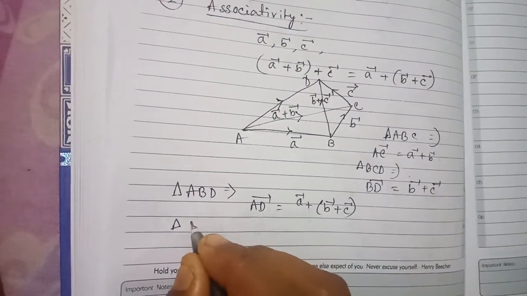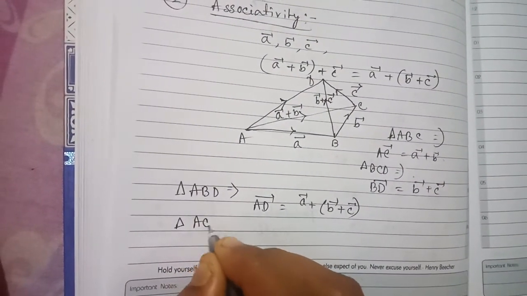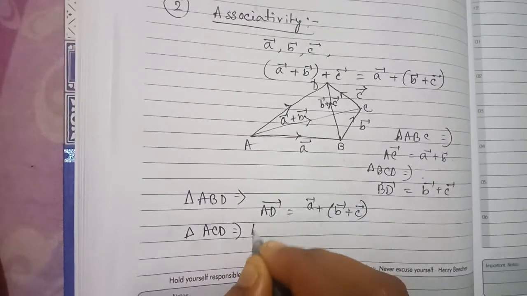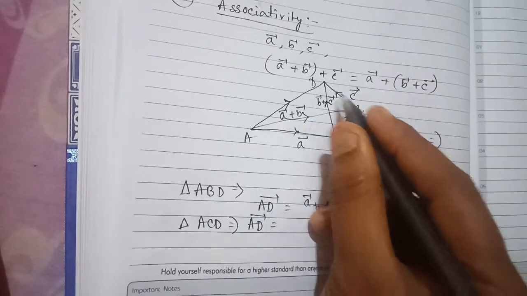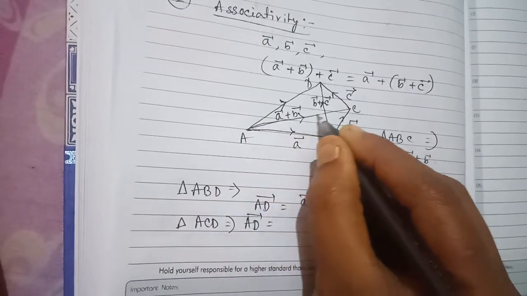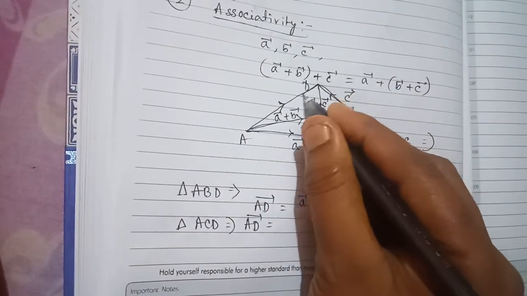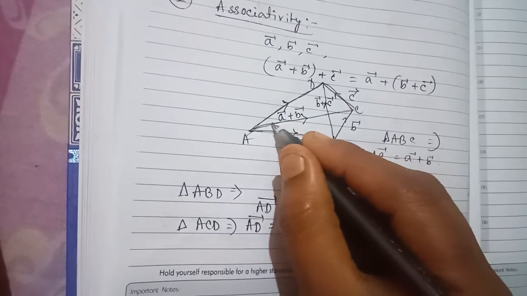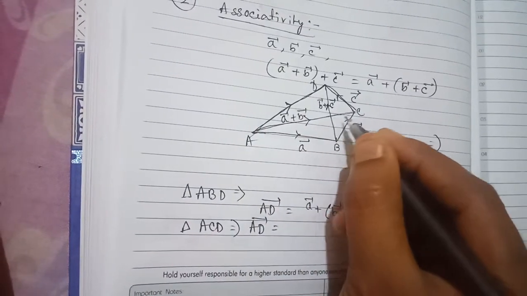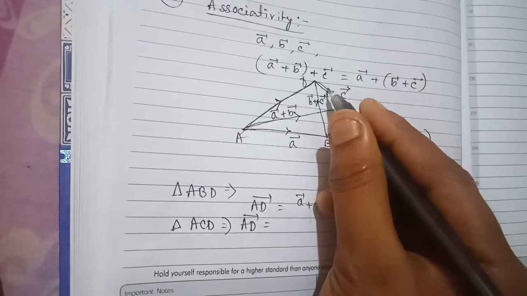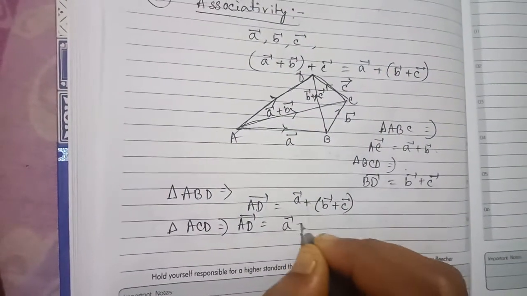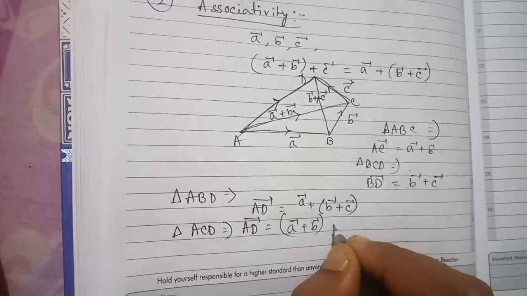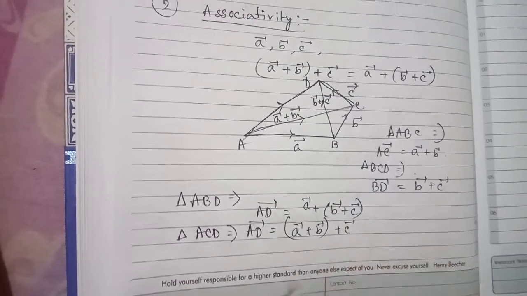And if we think about the triangle ACD, then also we are getting AD vector equals this triangle ACD: A vector plus B vector up to this, then plus C vector equals AD vector, right? So it's (A plus B) vector plus C vector.